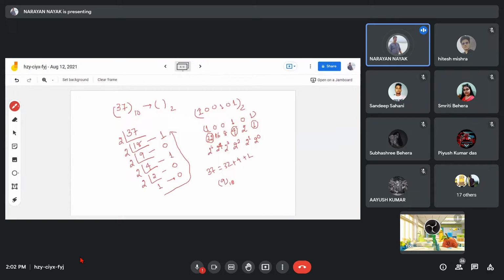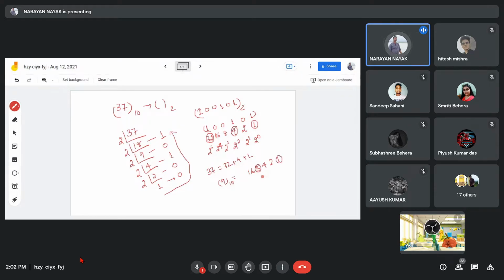Similarly, you can check 9 also. Understood? So 9 means what? 9 is 8 plus 1. You have to represent it like this: 1, 2, 4, 8, 16. So to get 9, what you have to do? 8 plus 1.